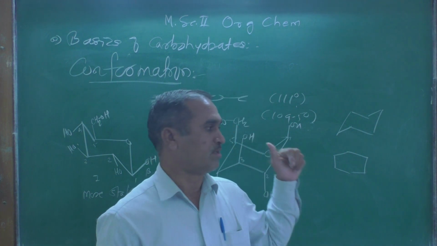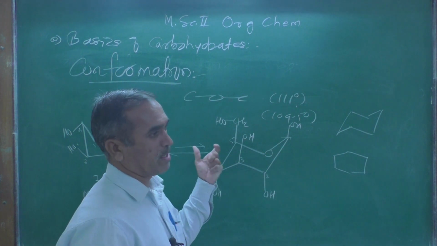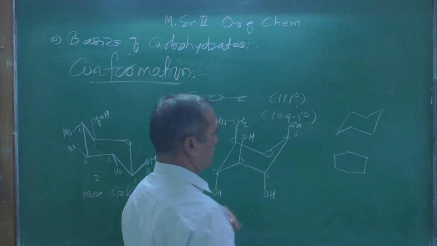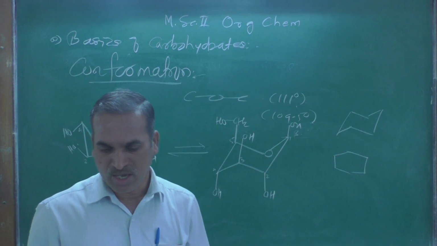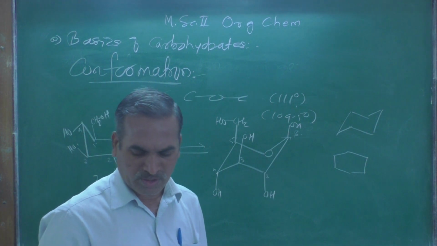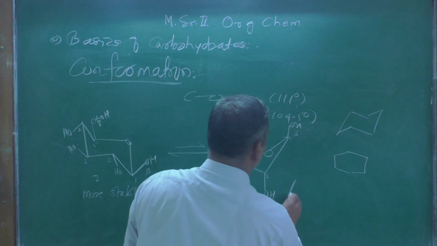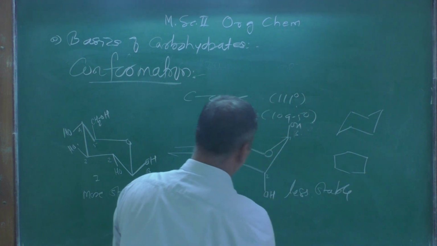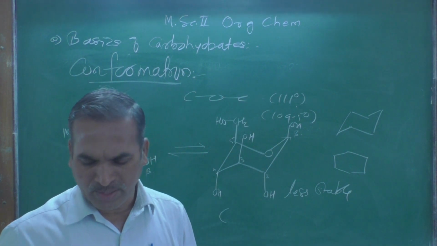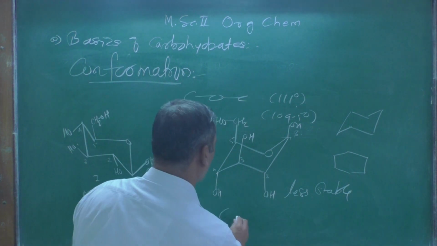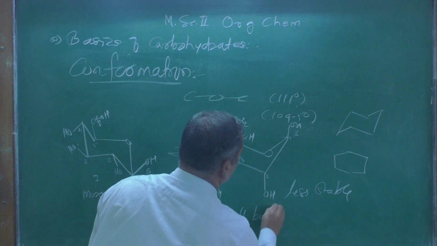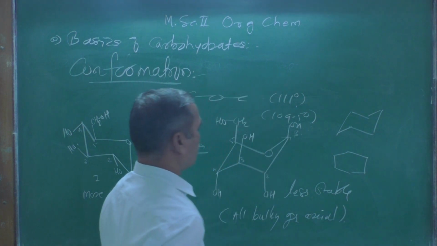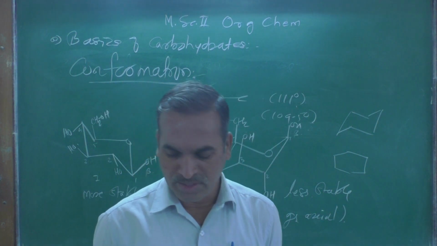Hence this conformation, which is on the beta side but has all the bulky groups at axial positions, becomes less stable, very, very unstable.